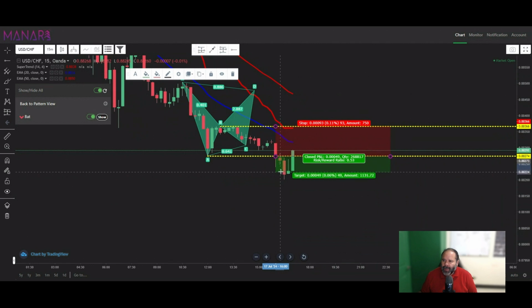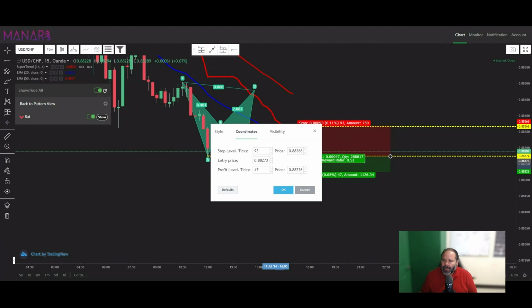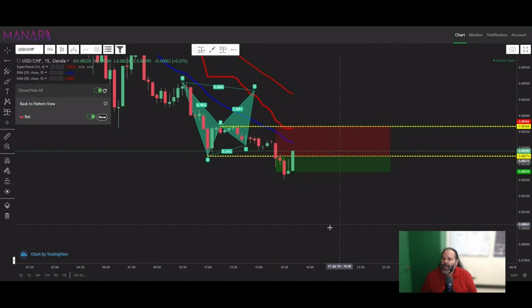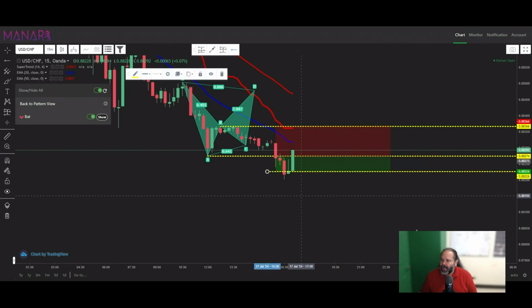This is for the people that have a funded account. For the people that have funded accounts, TP1 will be a good opportunity to secure some profits right there. This will be TP1.